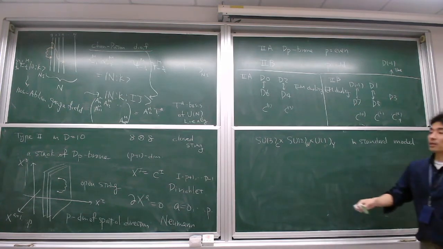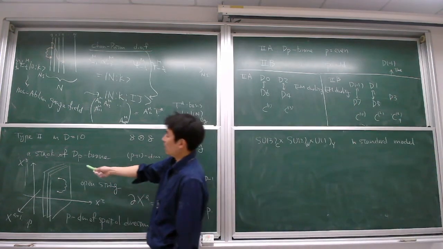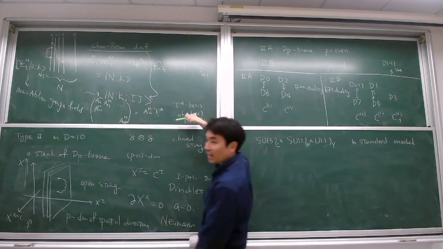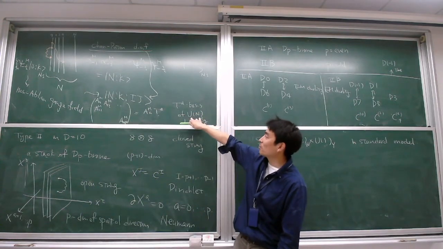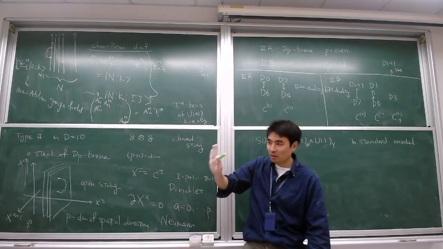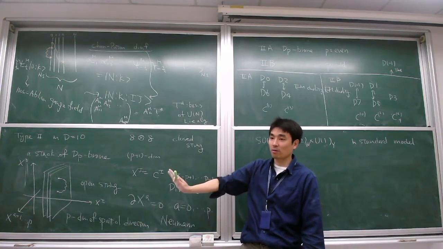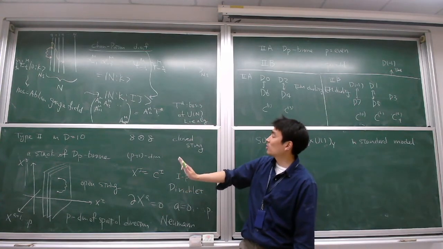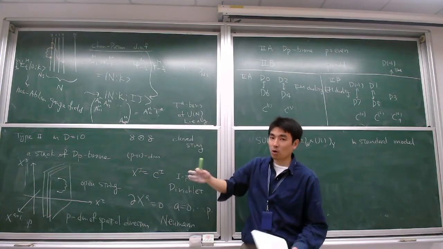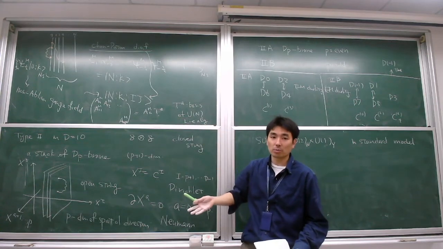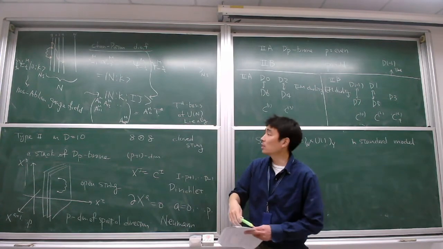If you have a number of stacked branes, at this moment you can have U(N), but later we introduce the oriented plane, with which you can even realize SP or SO gauge groups. I will introduce that later.